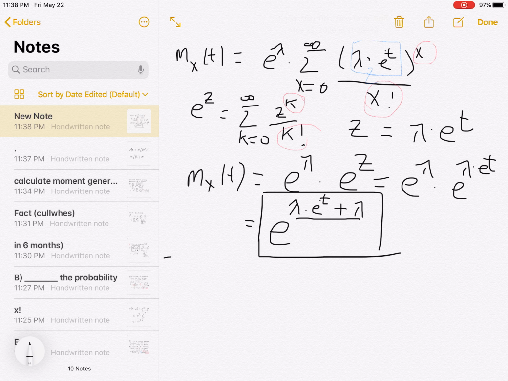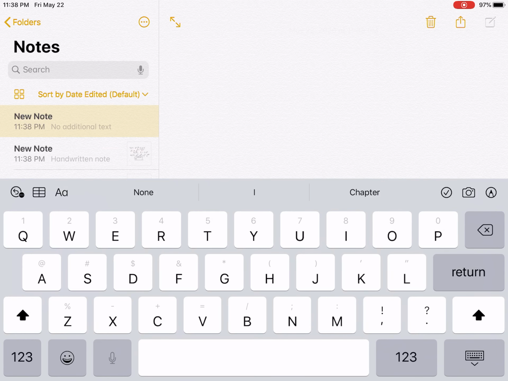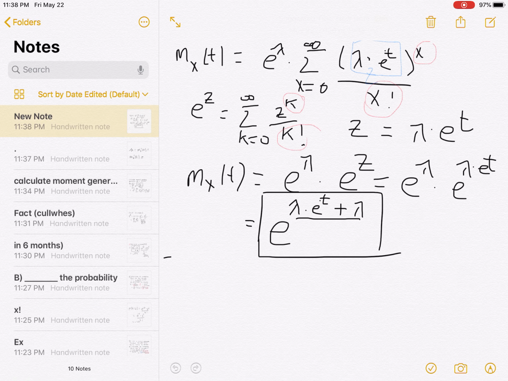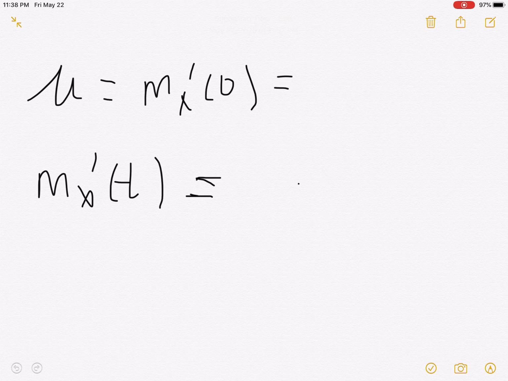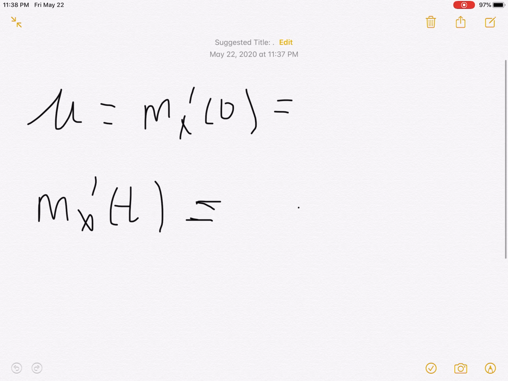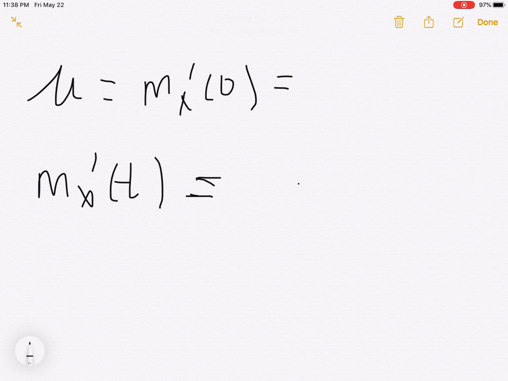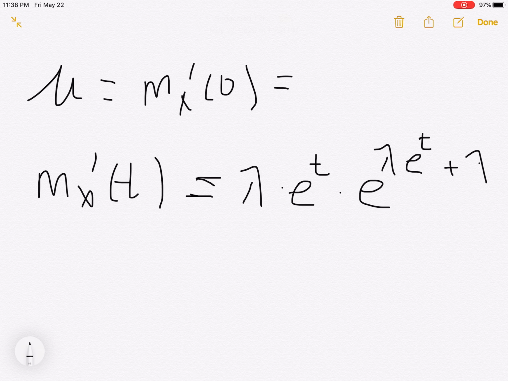Now, using the chain rule, we're going to get lambda, so take the derivative of the inside first. Lambda times e to the t times e to the lambda e to the t minus lambda.